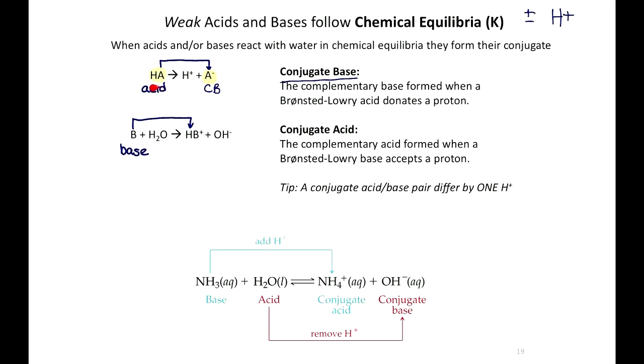So that's the idea here, that this acid and its conjugate base differ by just the removal of an H+. Basically, when an acid behaves like an acid and donates its proton, it produces its conjugate base as a product. Versus a conjugate acid is produced when we put a base into water. That base accepts a proton. Typically, this has to come from water. All of this is an aqueous solution anyway.